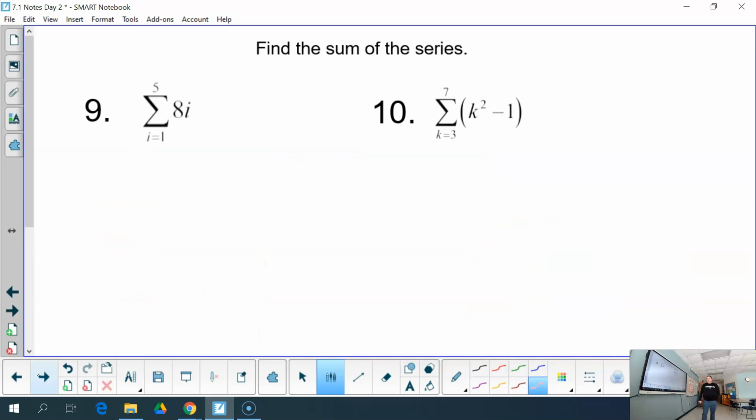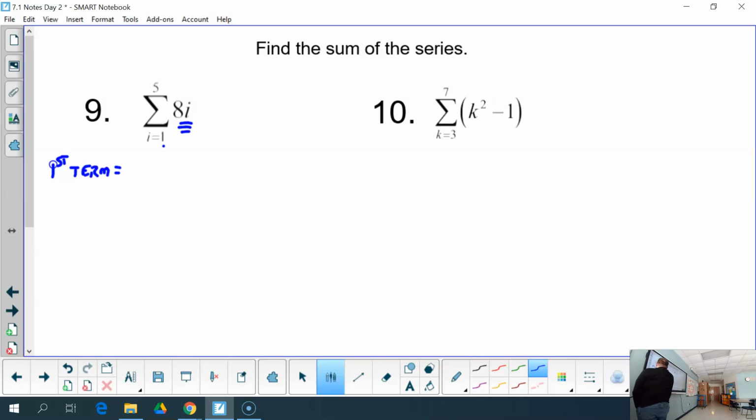Going the other way, finding the actual sum, well, for right now, because we don't have any formulas yet, what we've got to do is find the terms of our series. So my first term, I'm going to take 1 and plug it into my rule.